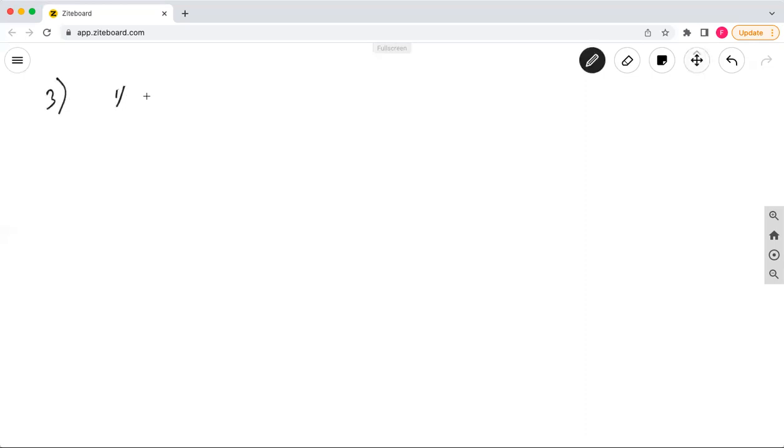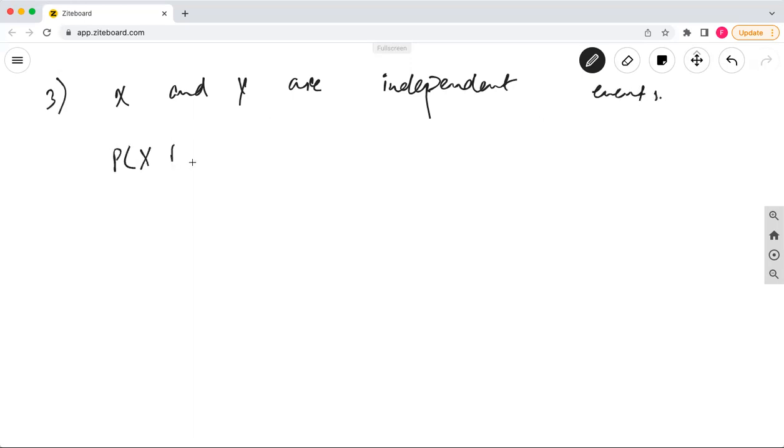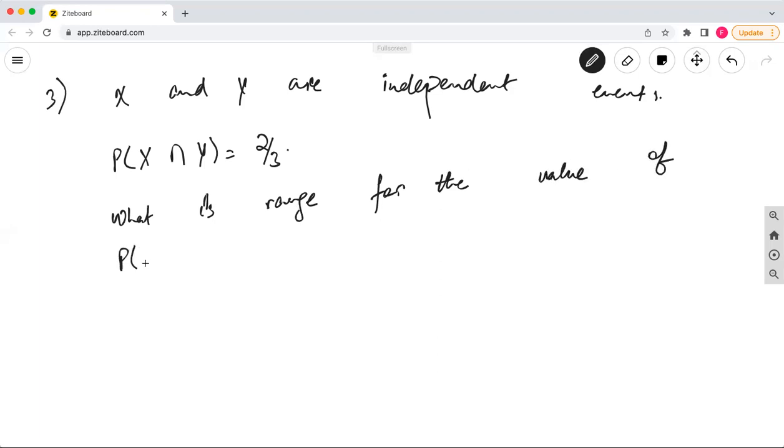If I say that X and Y are independent events, and probability of X and Y is equal to 2 by 3, can anyone tell what is the range for the value of probability of Y?